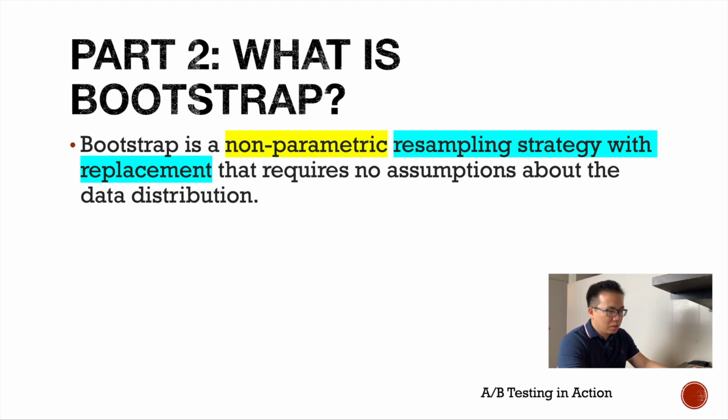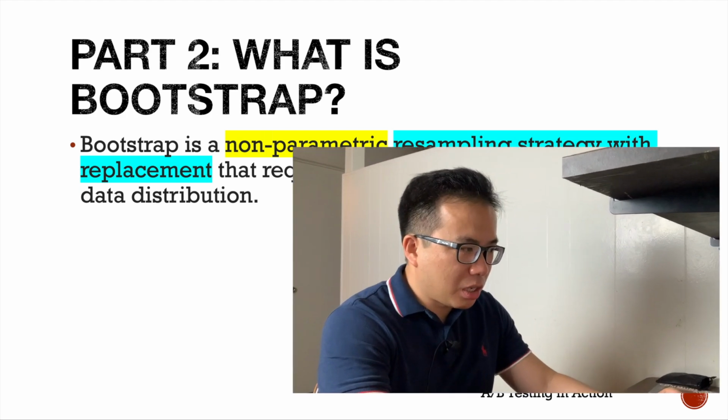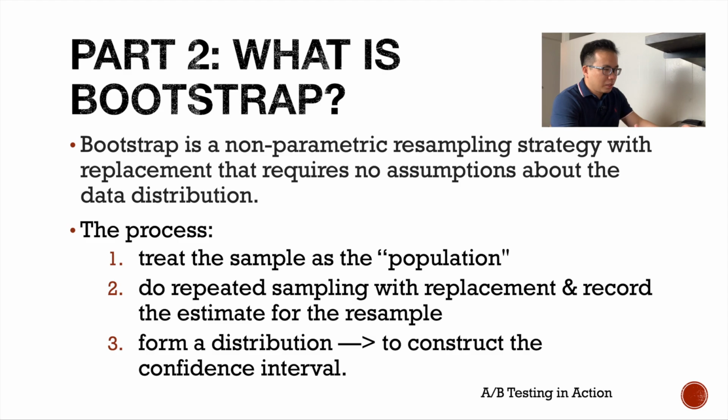A totally different concept is resampling without replacement, which means every single time we do the resampling, we do not put the data back. So this is the difference between sampling with replacement and without replacement. Bootstrap is a resampling strategy with replacement.